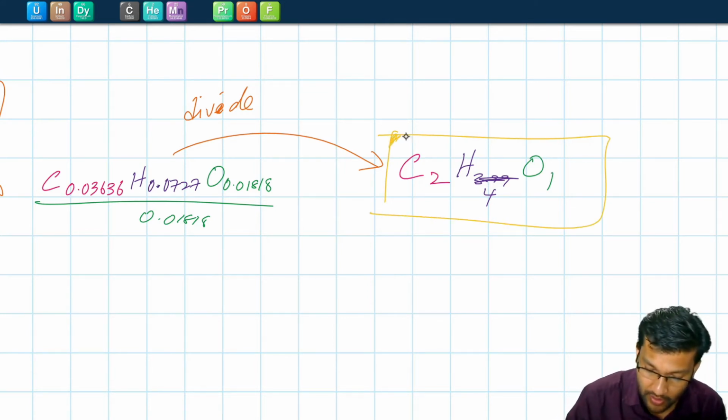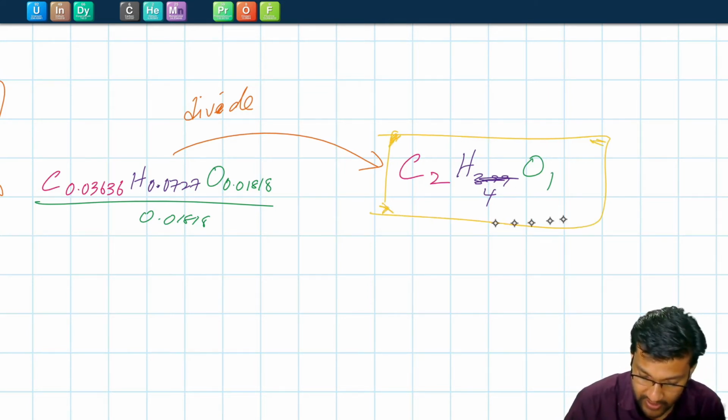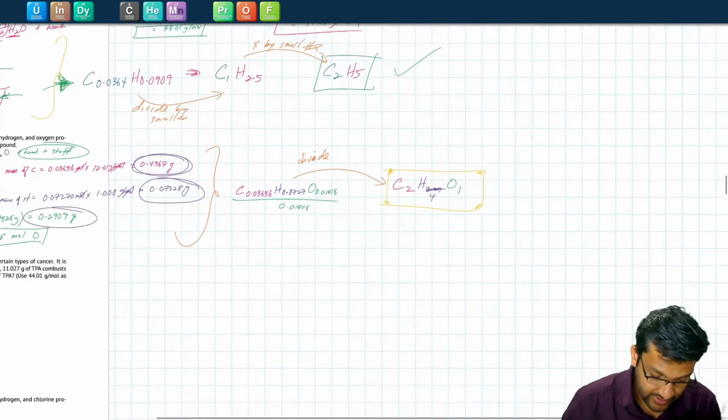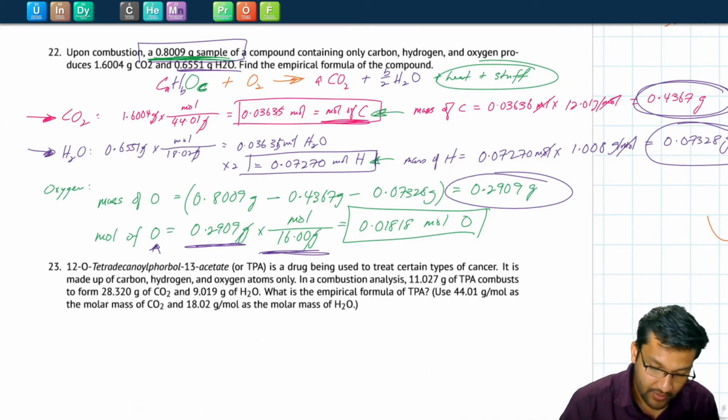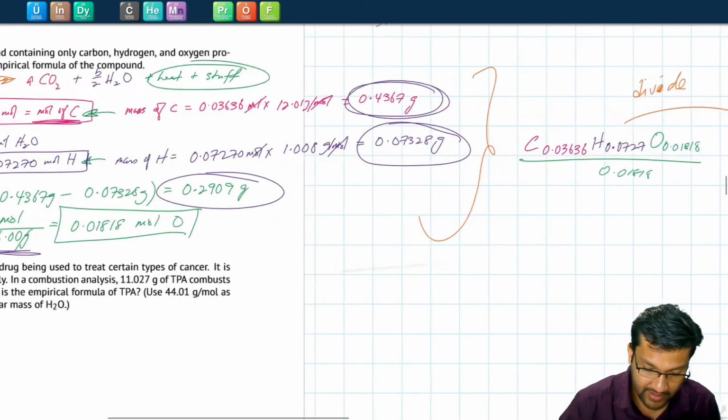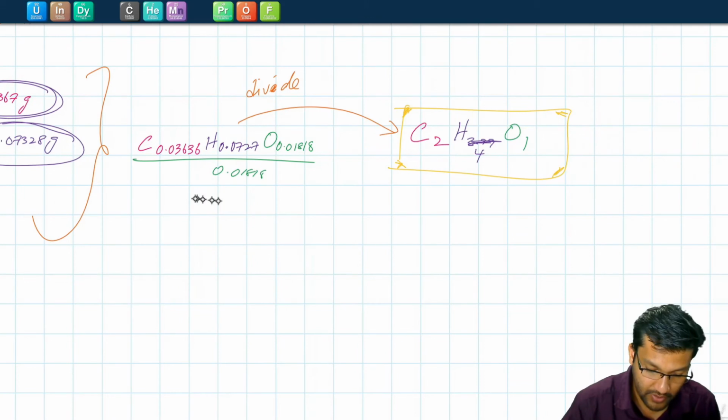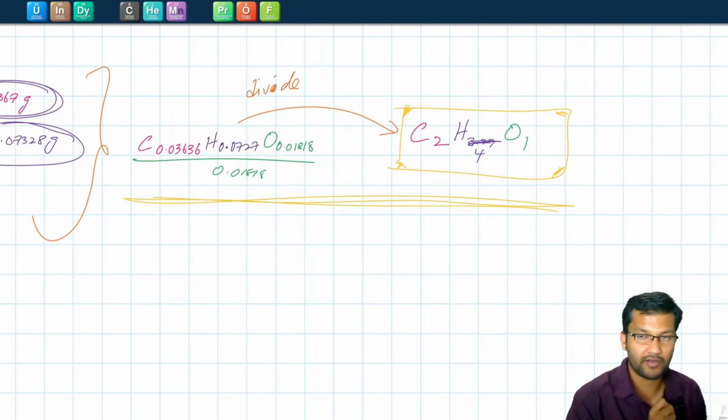It took a long time to get there, but we got there eventually. To reiterate what we did: moles of carbon dioxide, moles of carbon, moles of water, moles of hydrogen. Find the masses, subtract them from the total to get mass of oxygen. Use that to find moles of oxygen, and then from there on out we do our regular stuff for figuring out empirical formulas.